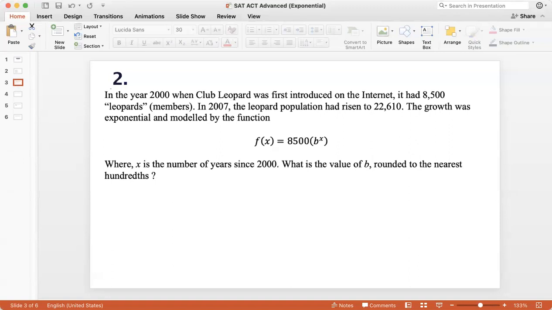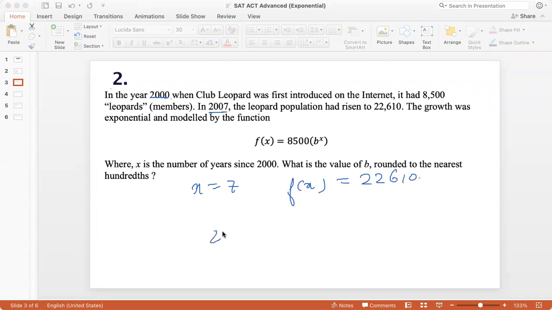So we can see here that when x is 7, because we know the value in 2007, then f(x) is 22,610, right? So then we can write 22,610 is equal to 8,500 times b^7, right?